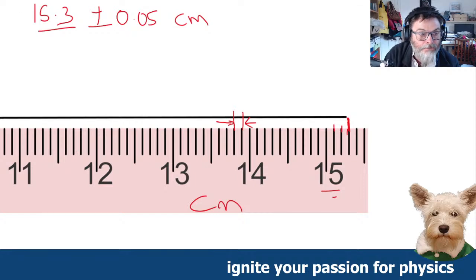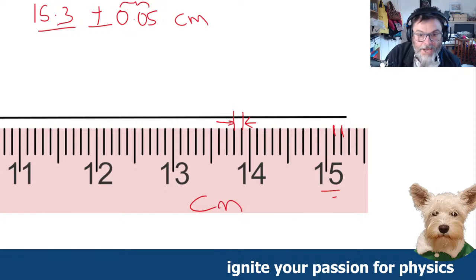This line, then, we can best say is 15.3 plus or minus 0.05 centimeters. Now, when you think about it, this is in actual fact a 20th of a millimeter, and that makes sense because a 20th of a millimeter would be half of a 10th of a millimeter, which is the smallest resolution. All right, so that's good.